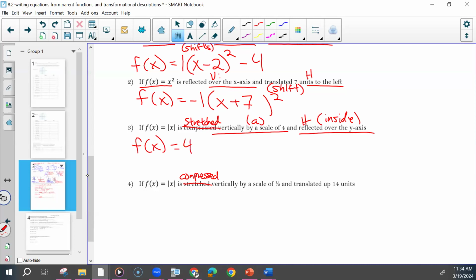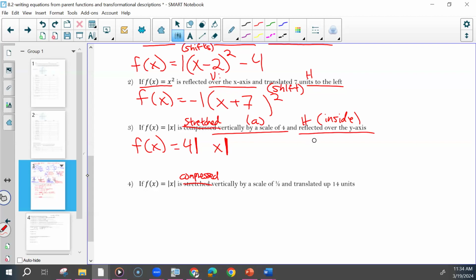Then we're dealing with absolute value, not quadratics anymore, so we need our absolute value bars. And then how would I show this reflected over the y-axis? There is an x, yes, that x would have to be there regardless.